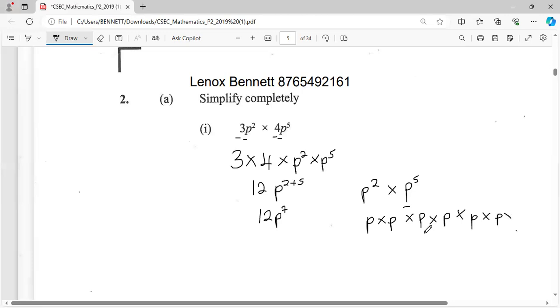So as you can see, it would be p, 1, 2, 3, 4, 5, 6, 7, p raised to the 7th. Whenever the base is the same, we add the powers, meaning the small number that it is raised to. So we have gotten the full marks for that.